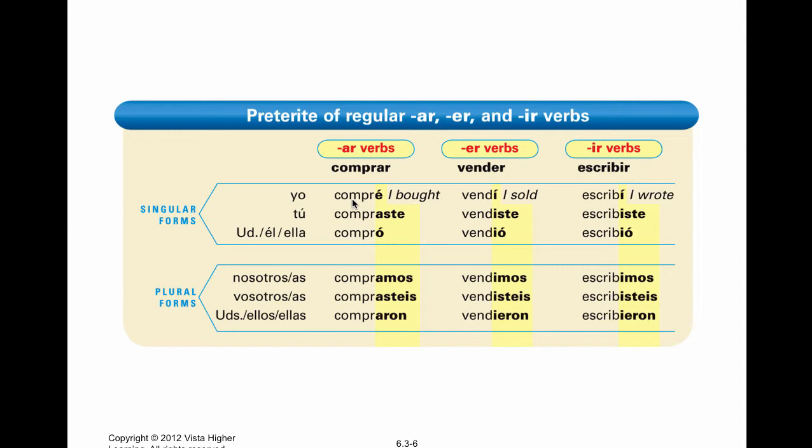So, for example, compró versus compro. So compró with an accent is referring to a third person in the past, as we see here. But compro, without an accent, is actually referring to the first person conjugation of comprar in the present tense. So it's very important to add accents where they need to be.